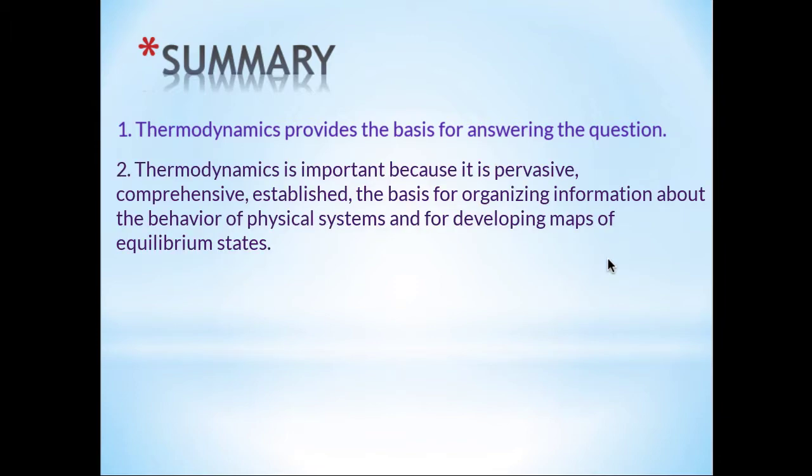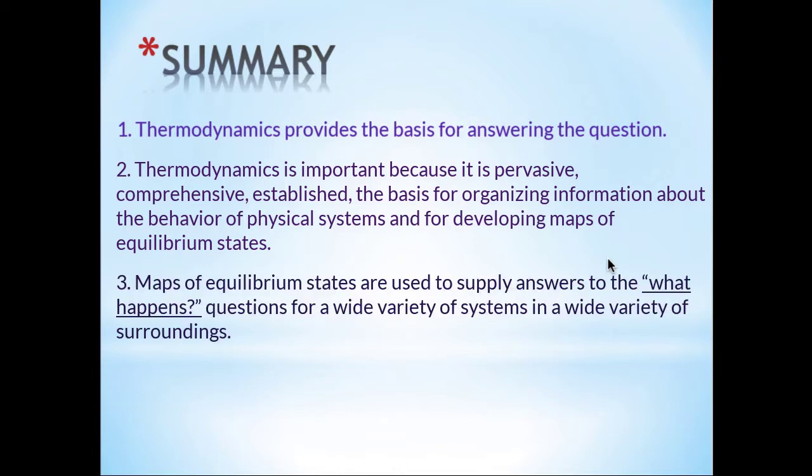Secondly, thermodynamics is important because it is pervasive, comprehensive, and established the basis for organizing information about the behavior of physical systems and for developing maps of equilibrium states. And then, maps of equilibrium states are used to supply answers to the what happens question for a wide variety of systems in a wide variety of surroundings.